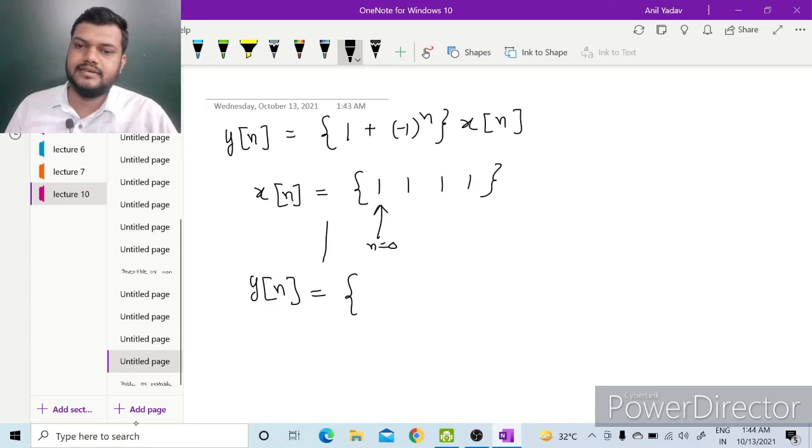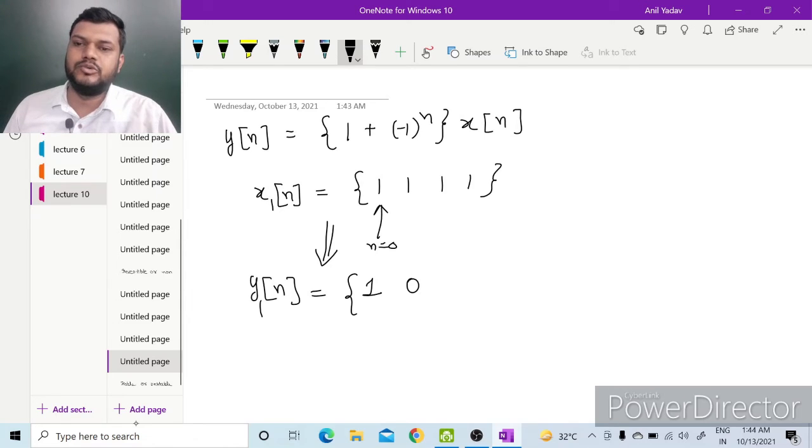For this x(n), let us say this is x1(n), and y1(n) will be, here n is 0, so minus 1 to the power 0 is 1, and x of n is 1. So 1 plus 1 is 2, 2 multiplied by 1 will be 2. Here n is 1, so 1 minus 1 becomes 0, 0 multiplied by 1 is 0.